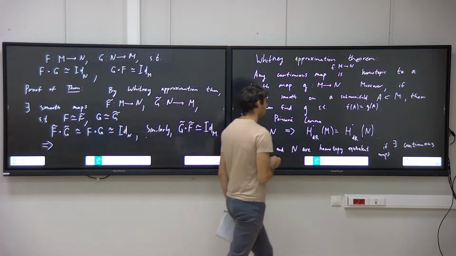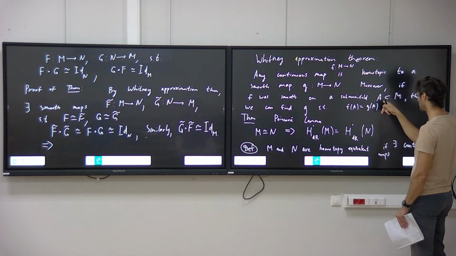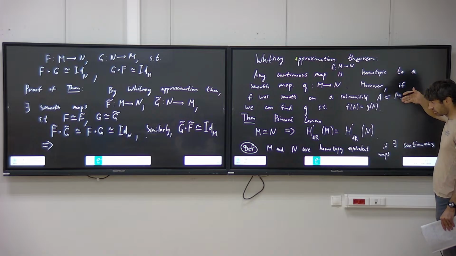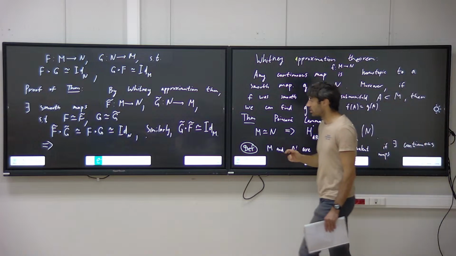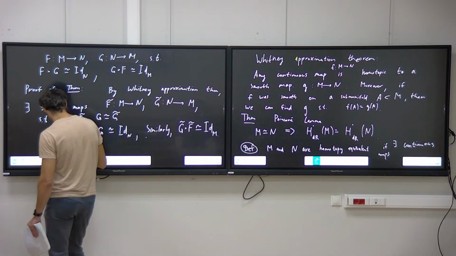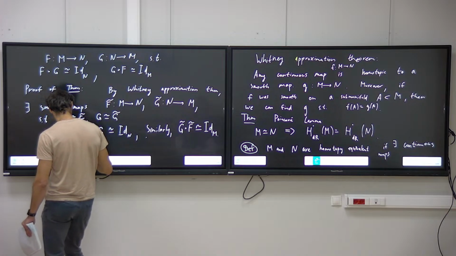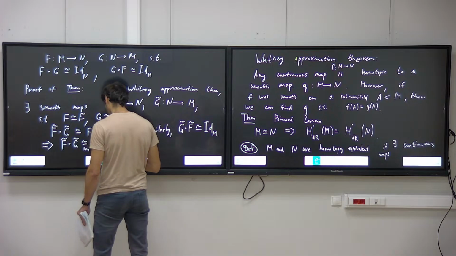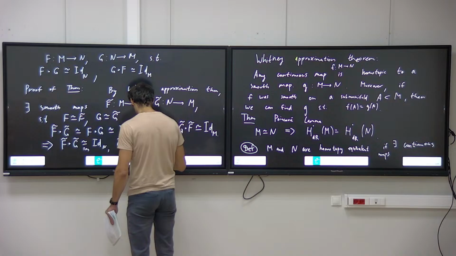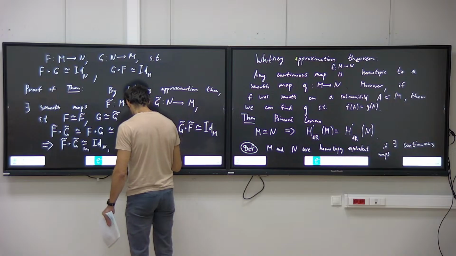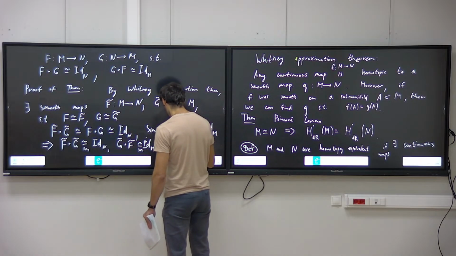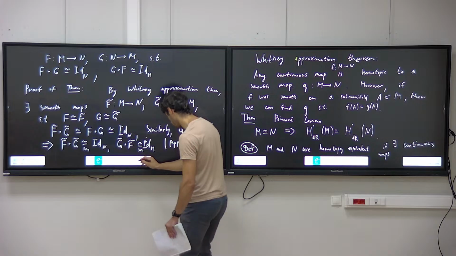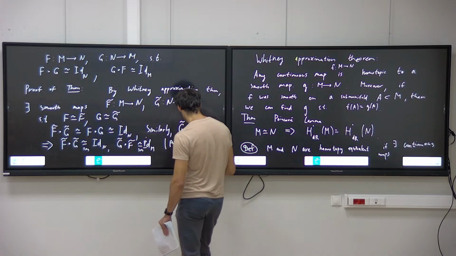So I can apply the Whitney approximation theorem where A consists of just the endpoints of the interval times M. Okay, and so actually I can find a smooth homotopy, applying the Whitney approximation theorem, so let me abbreviate it like this, again.